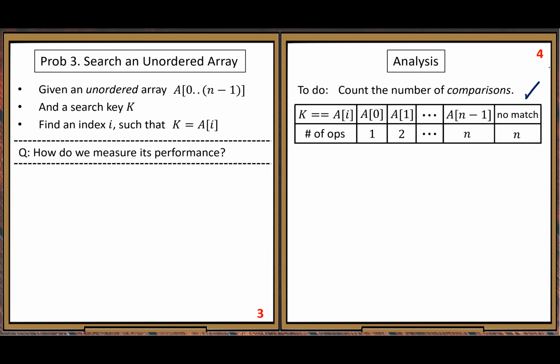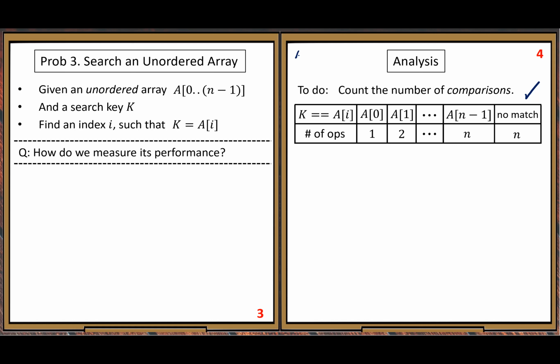After we get this no match case back, let's look at the average number of comparisons. Now let me write one formula here, and you tell me if it is correct or not. Here we have n plus 1 cases, not n cases, because with no match we add one more. Now we should do the average for these n plus 1 numbers, right? So let me write this formula.